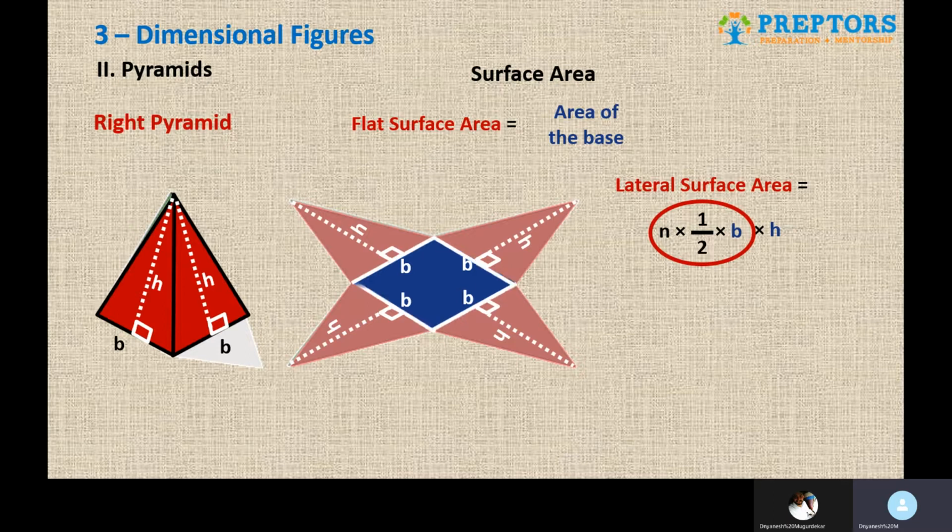So this is another formula that you are going to remember: semi perimeter of the base into slant height. The h is not the normal height, it is the slant height. So for any pyramid, the generic formula for lateral surface area that you are going to remember is semi perimeter of the base into slant height.